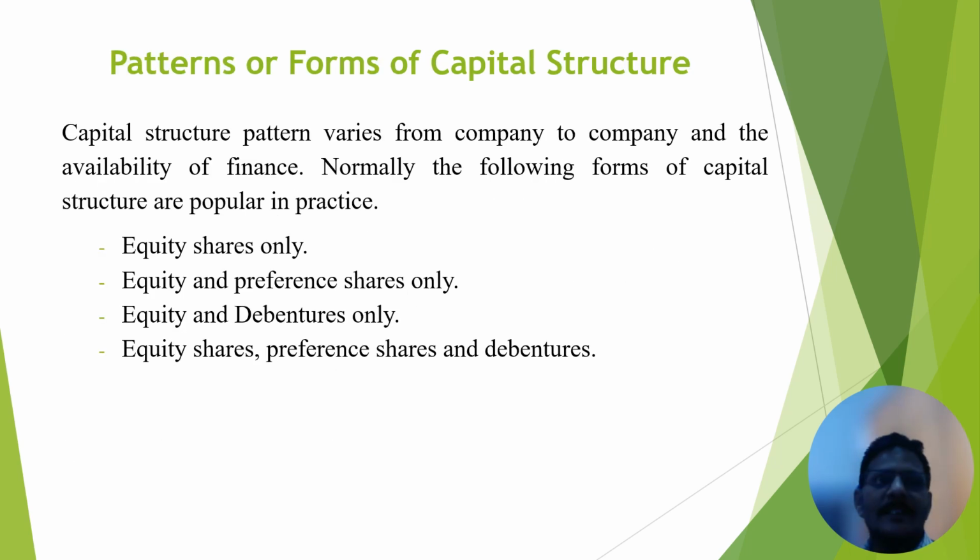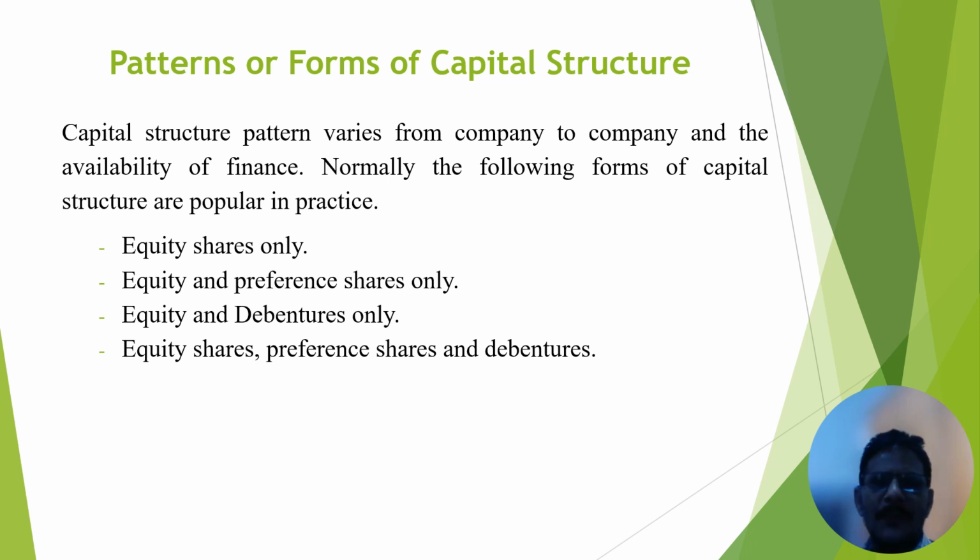Okay, then pattern or form of capital structure. What is the pattern of capital structure? We have different types of pattern. If any business is doing business by arranging finance through only equity share, that is equity share only under this capital structure.